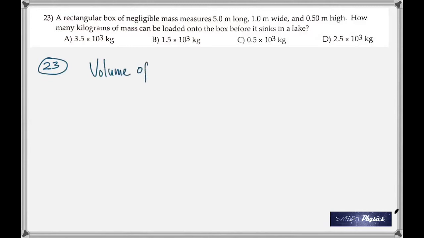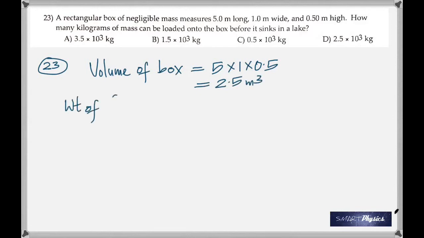Let's do it. The first thing, that's the volume of the box, as I mentioned, is length times width times height. That is 2.5 meter cube. Now, the weight of fluid displaced, that's the buoyant force, is Vf times rho f times g.